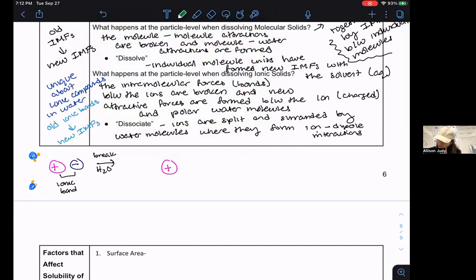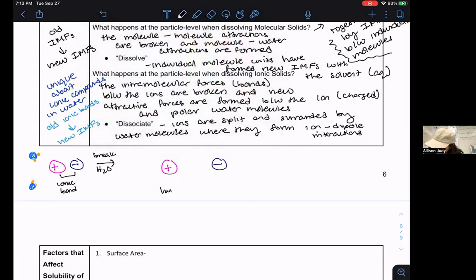And that was the wrong color. Okay, minus. And then what we say is the polar molecule of water then orients around itself, creating what we call hydration shells.